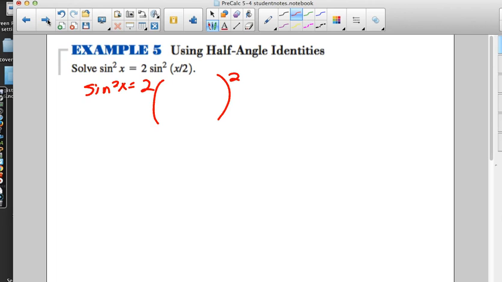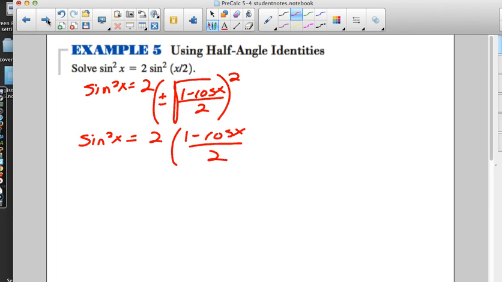So we put our little plus or minus formula in here, like so. And good stuff happens. First off, the square root's gone, but so is the plus or minus because we're squaring it. So it's going to be positive. So this will be sine squared x equals, and we'll have a little 2 right here for just a second, until we realize the 2's going to cancel out.